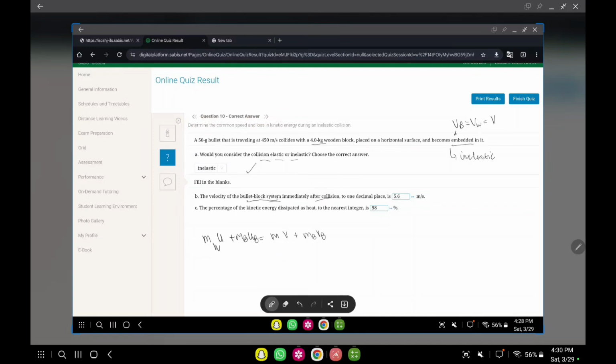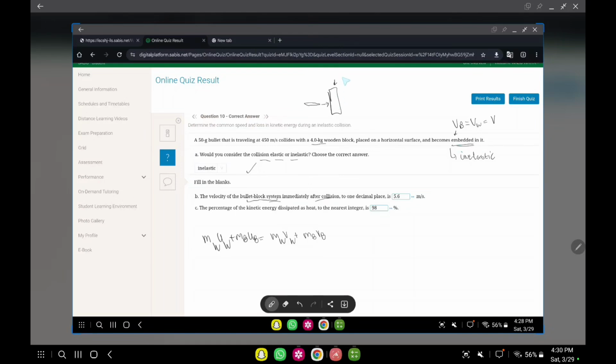So mass of the wood, V of the wood. Since the wood was obviously at rest, and you have the bullet coming like this, it comes inside of the wood, hits the wood, pokes a hole through the wood, or whatever, and becomes embedded in it.